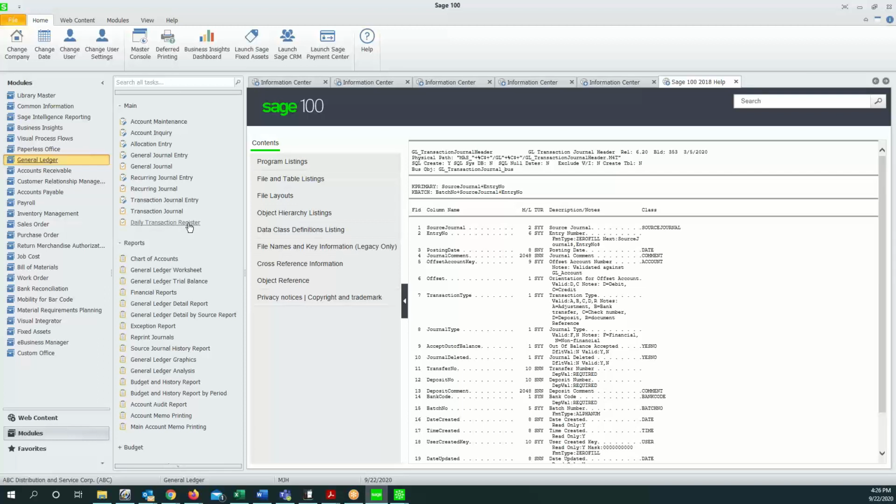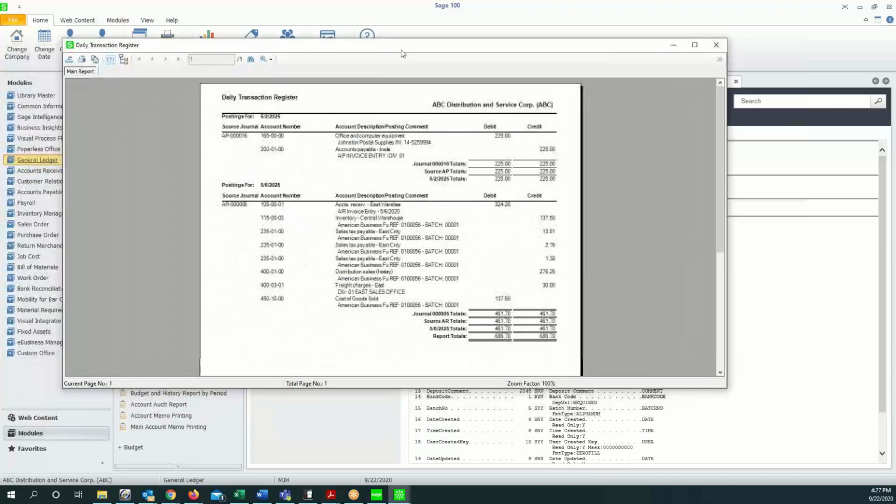And what I recommend that you do, especially if you see a big disparity like what I'm showing on the AP side, is come into the general ledger and run that daily transaction register, because running it from here is going to assure that you pick up any other source journals, whether it comes from PO or inventory or what have you, that it will allow you to effectively get those things logged on to the GL so that you can confirm what's going on.